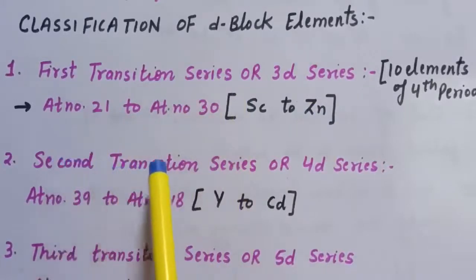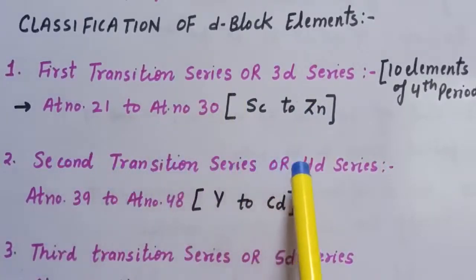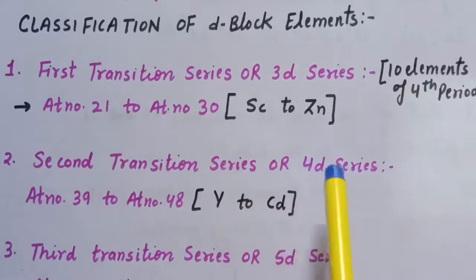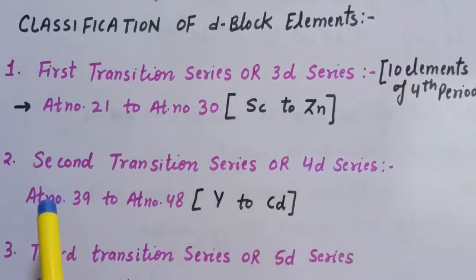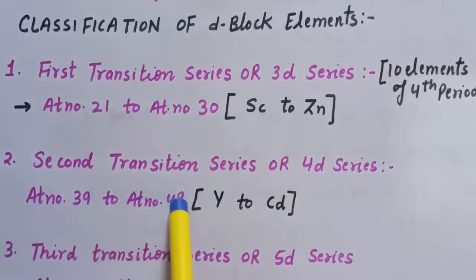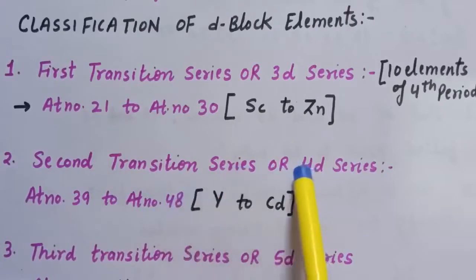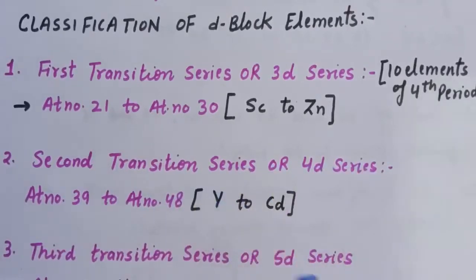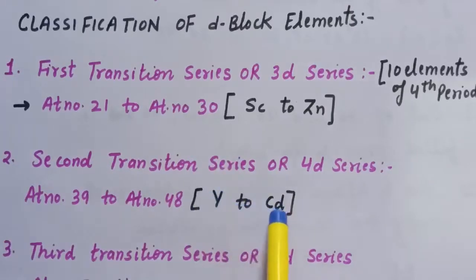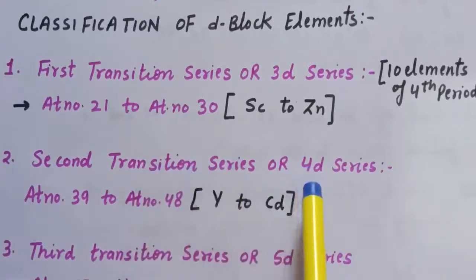Next is second transition series, which is also known as 4D series. In 4D series, the elements from atomic number 39 to atomic number 48 belong to 4D series, and the elements are from Y to Cd. So this is the second transition series.